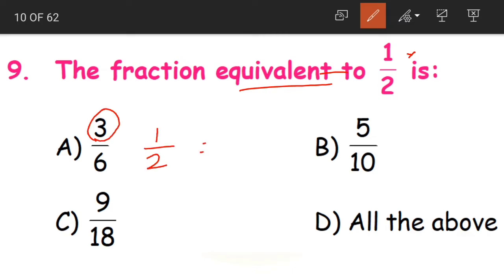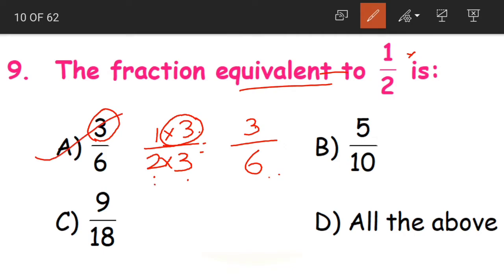We are having 1 by 2. To get 3, what should we do? We should multiply 1 with 3. 1 3s are 3. And as we have multiplied the numerator by 3, multiply the denominator also by 3. 2 3s are 6. Yes or no? 2 3s are 6. So option A, 3 by 6, is our correct answer.